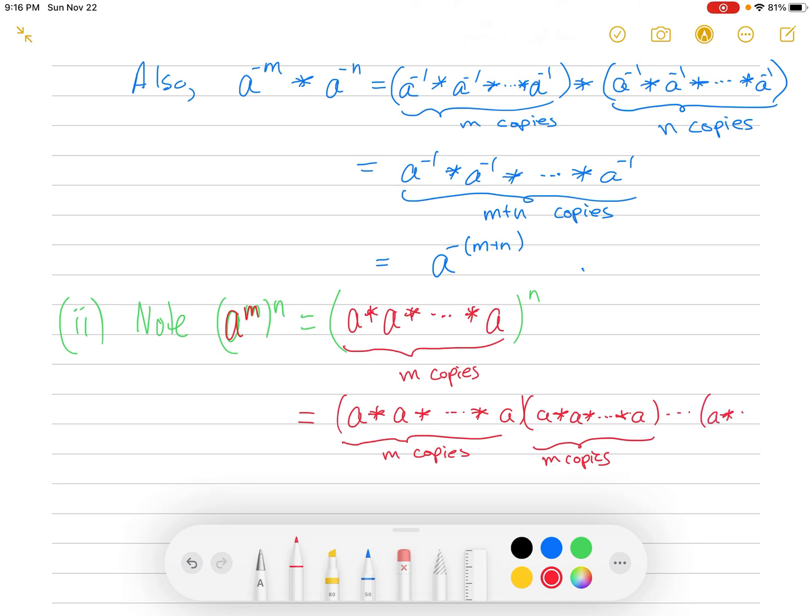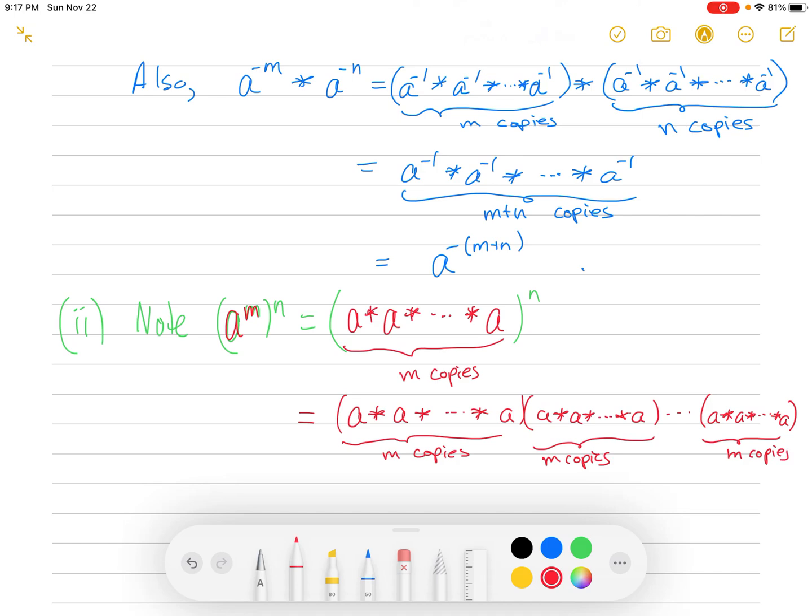And we're going to keep doing that, a star a star a, dot dot dots, a, m copies of that.